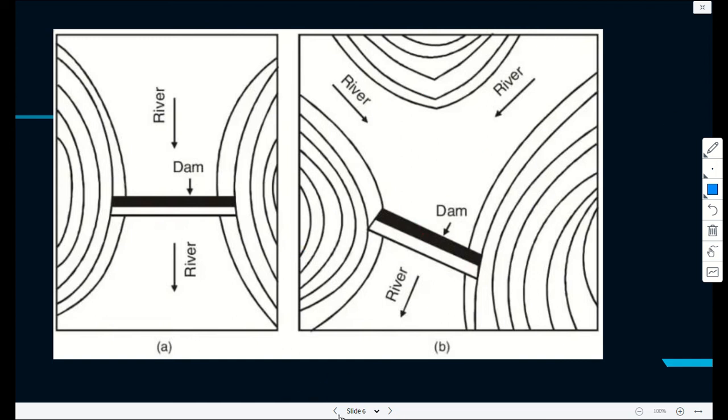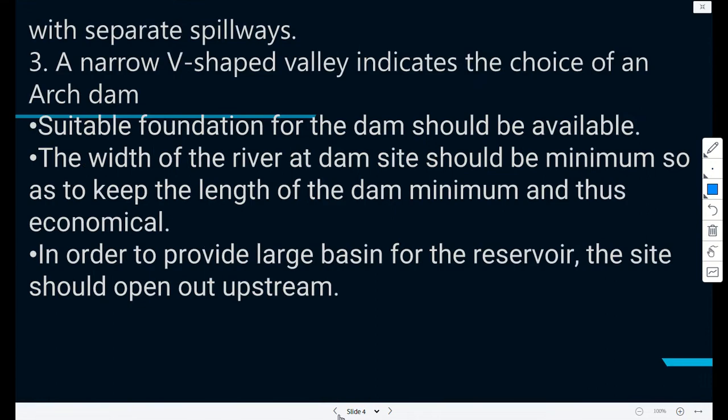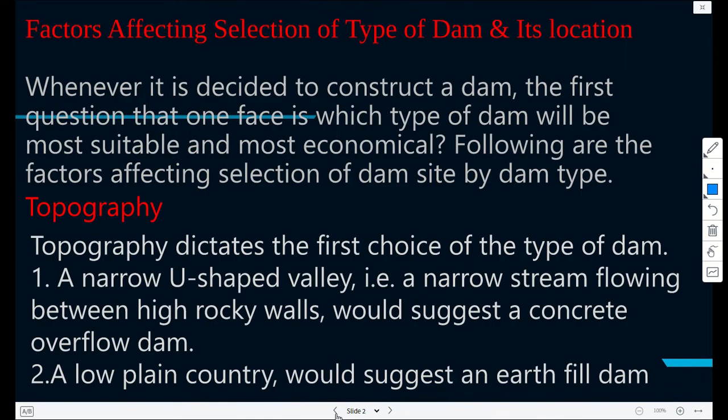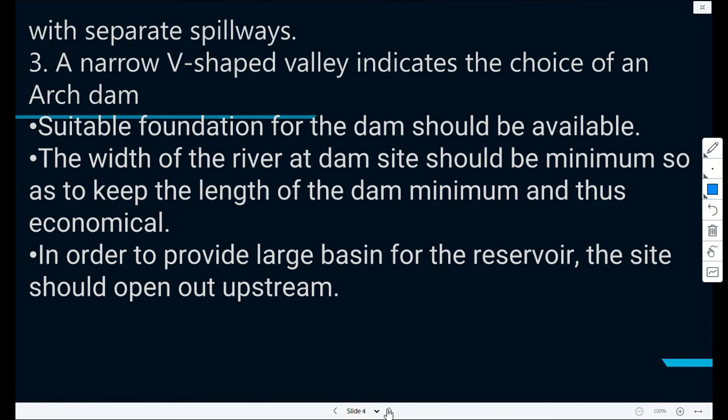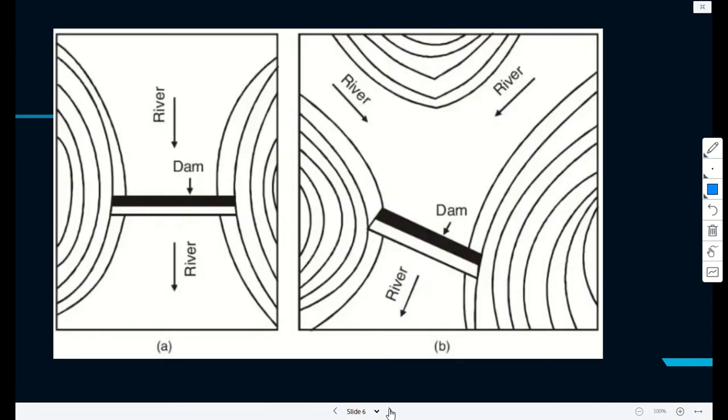And this is what we have said here, that for the location of the dam, we like either a U shape or a V shape, and whether it's U or V, it determines the unique kind of dam that you will have to put up. And again here, there has to be space. Once you impound the water, there has to be space upon which the water will collect itself.